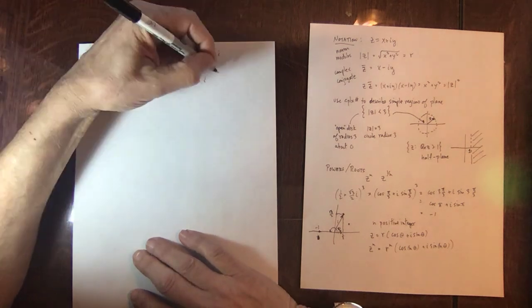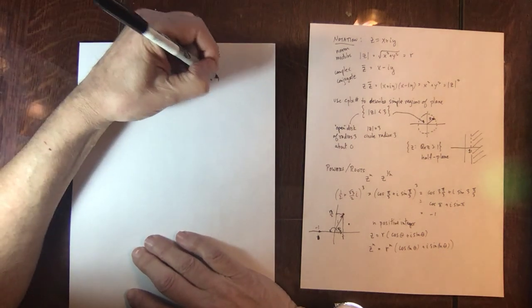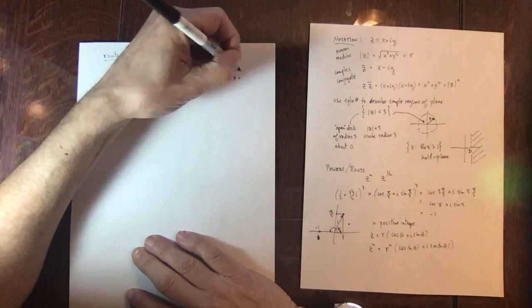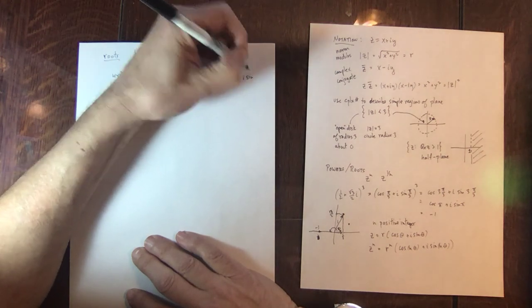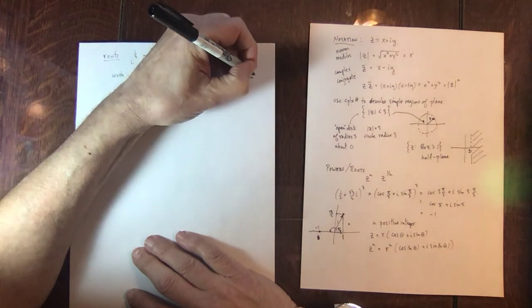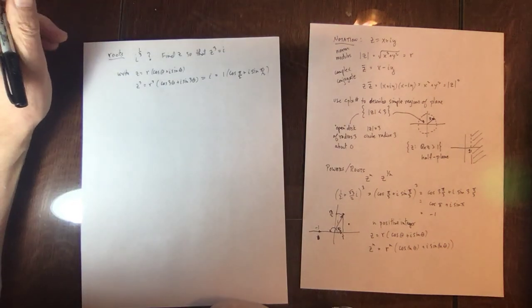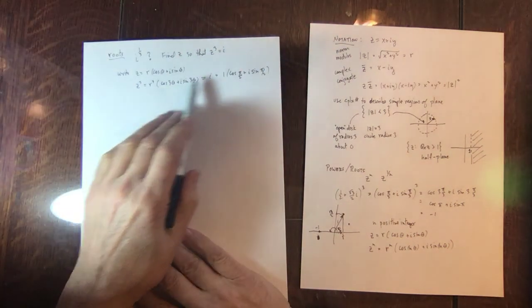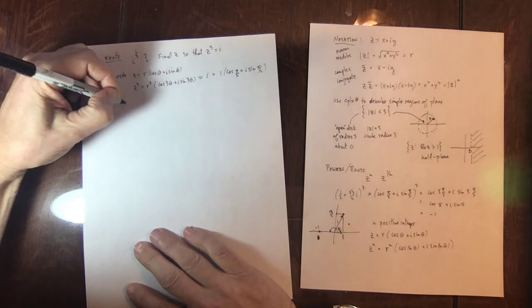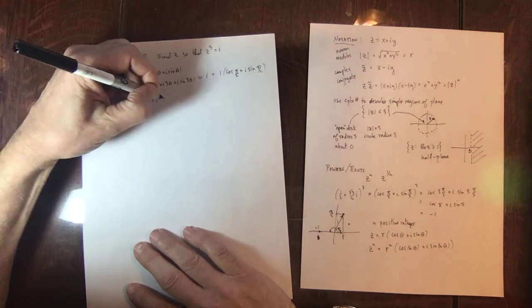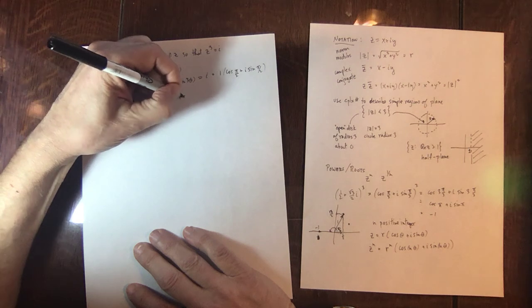But then let's write i in terms of its polar form. So that's like 1 times (cos pi over 2 plus i sin pi over 2). So we want this to equal that. So what we need here is that r cubed is 1. So of course that tells me that r is 1.